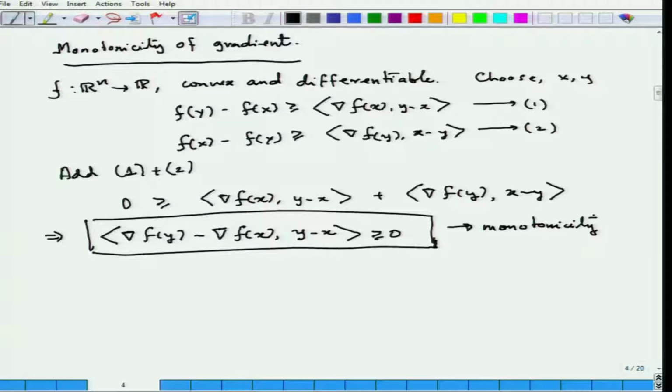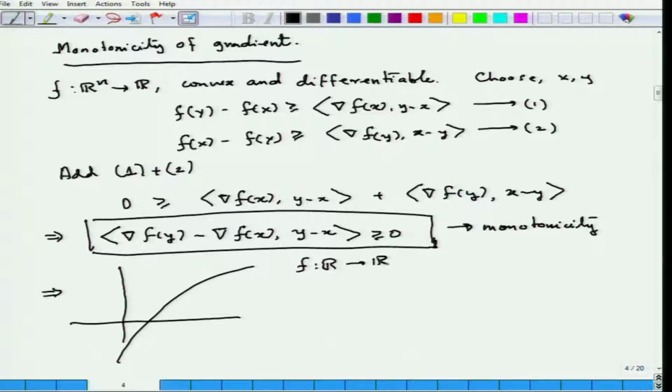Now, we must also show why it is called a monotone property, because we are dealing with vector functions. Note that you take any function which is increasing, say just from R to R, need not be convex, here I have not drawn a convex function, which is increasing.